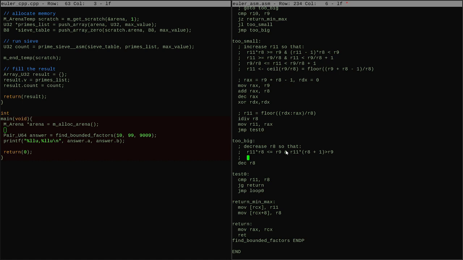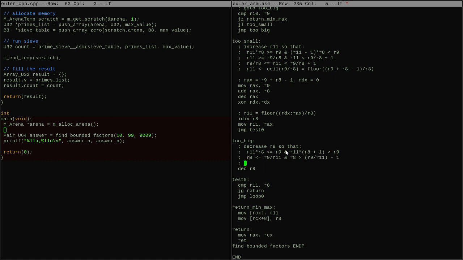So we care about R8 being less than or equal to R9 over R11, and R8 being greater than R9 over R11 minus 1. If I rearrange this side, first we have this is strictly less than R8, which is less than or equal to R9 over R11.